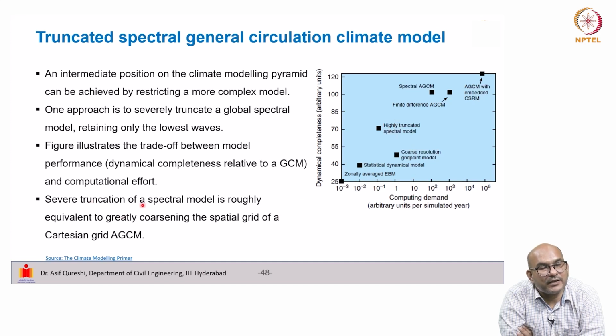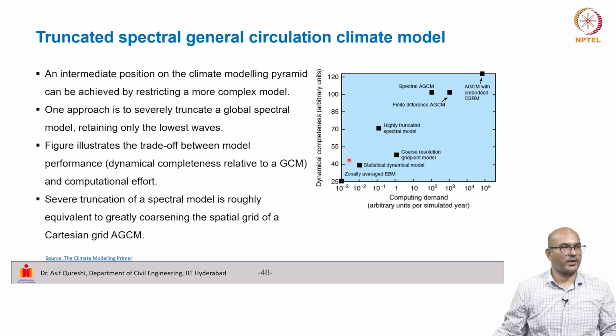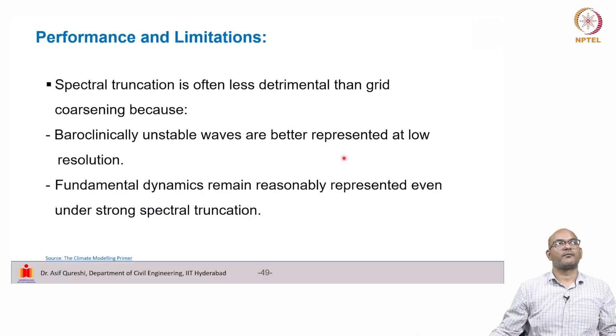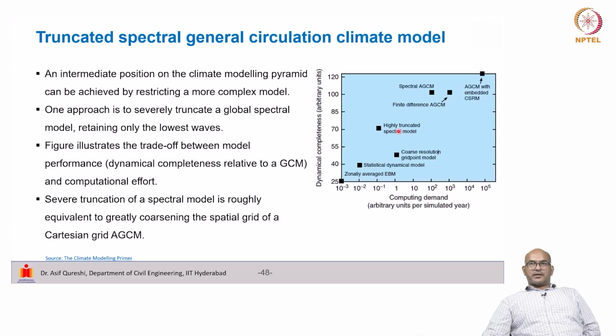Now, severe truncation of a spectral model is equivalent to a coarsening of the spatial grid of a Cartesian grid atmospheric GCM. So, this is a coarser model, although the level of complexity has decreased a bit, but not too much. So, this is spectral truncation, and this is grid coarsening.